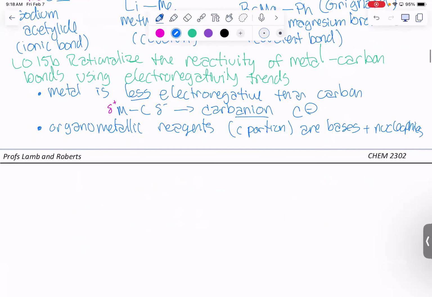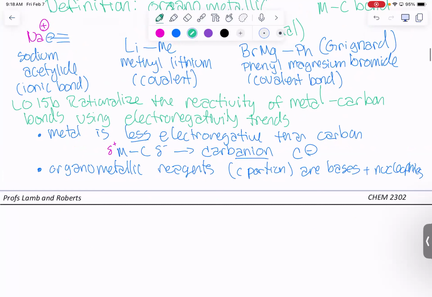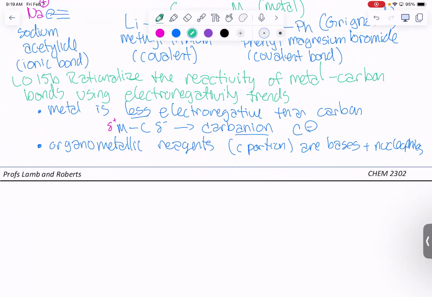All right, so let's learn how to make these reagents. They're kind of funny looking. Sodium, lithium, magnesium. These are not reagents that we've used before or anything like them. So let's talk about the next learning objective, which is 15C, and that is the 2Ps.